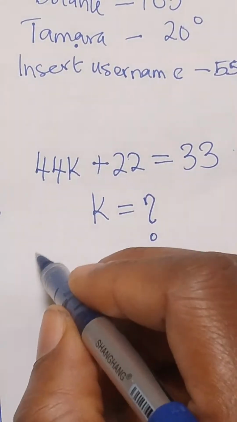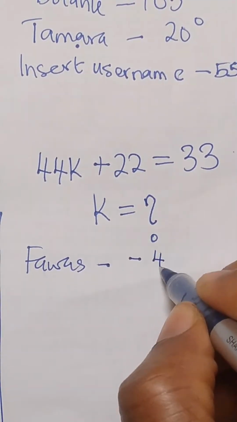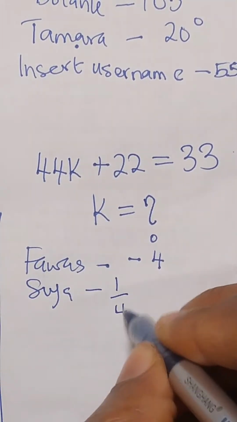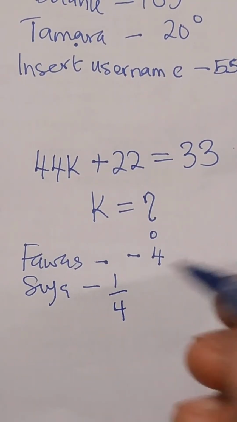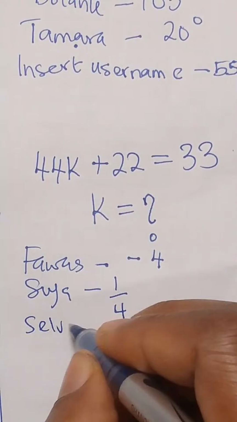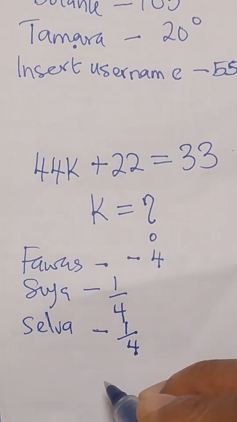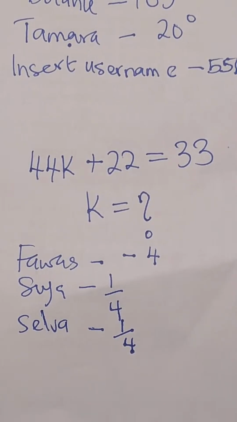So Fawaz says minus 4, and Sia says 1/4. Silver Chatra says 1/4. So we are solving for k in 4k plus 22 equals 33.